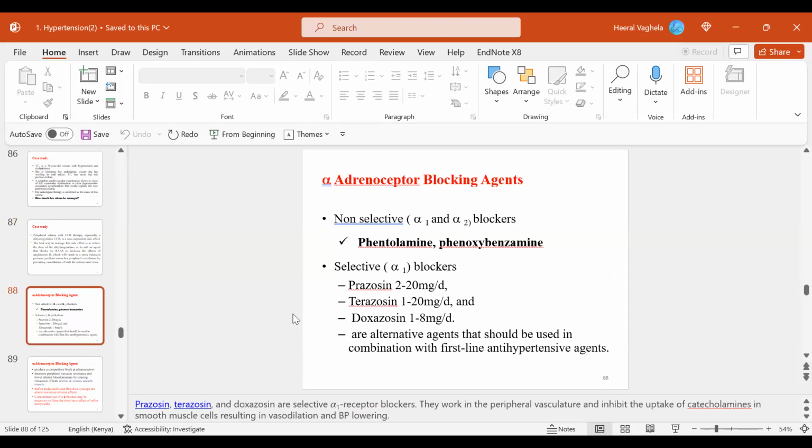Then for second line, it's the alpha adrenoceptor blocking agents. For non-selective, that blocks alpha-1 and alpha-2, there is phentolamine and phenoxybenzamine. With selective, you have prazosin and terazosin. I think prazosin is the one that's mostly used.